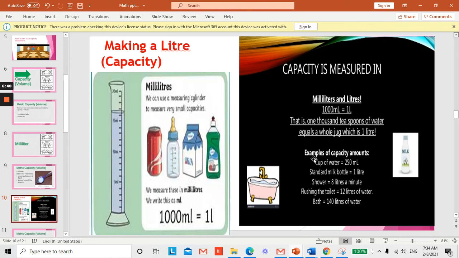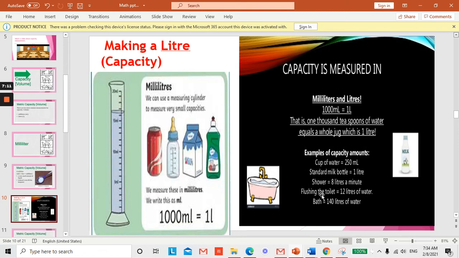For example, a cup of water is equal to 250 milliliters. A standard milk bottle is equal to 1 liter. A shower, when you are taking a shower, is 8 liters a minute.